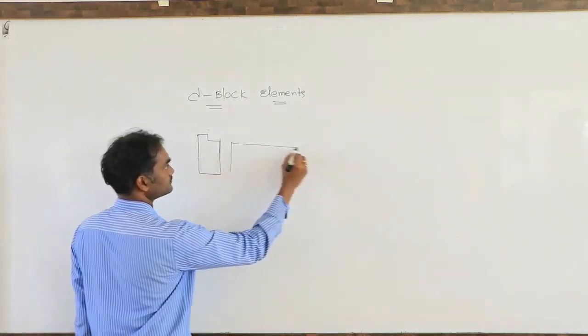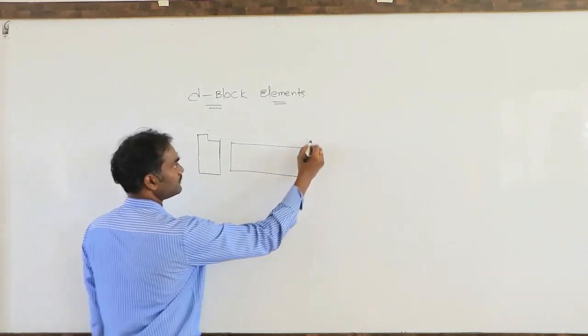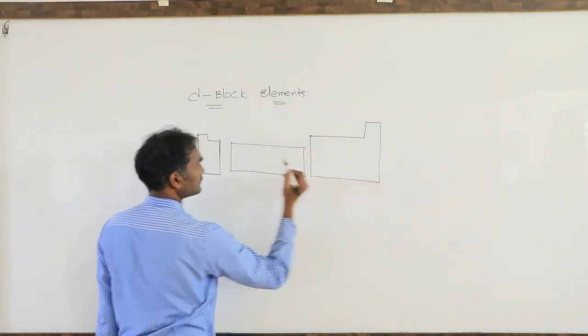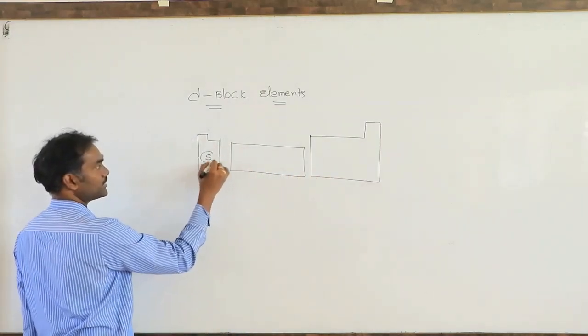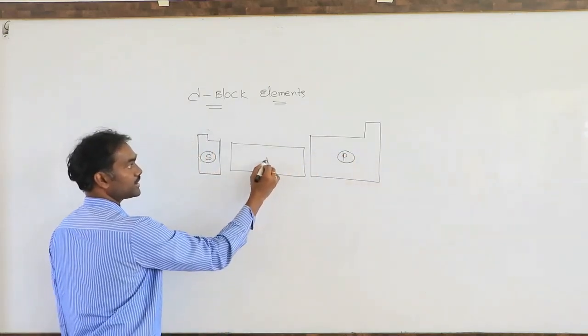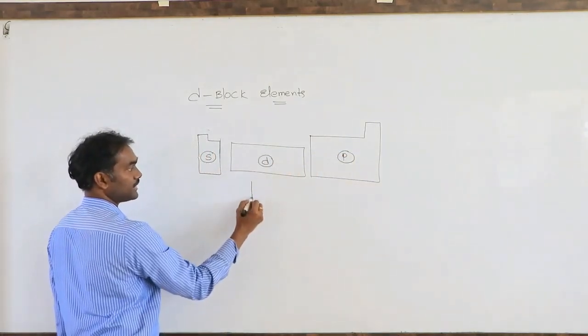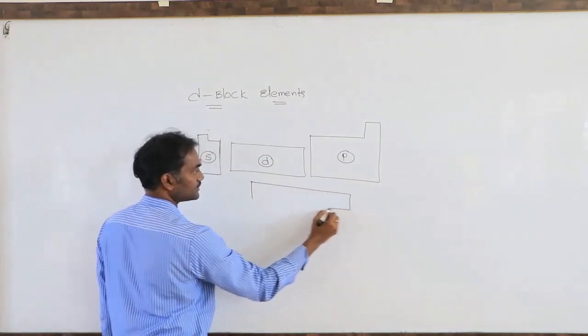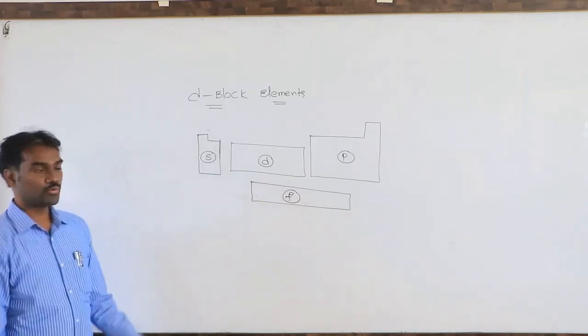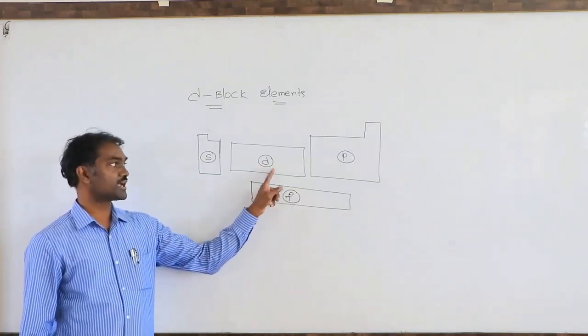Next, D will be present. Here S block elements are there, here P block elements are there, here D is there. Next, here we have F block elements. So now we are going to discuss D block elements.